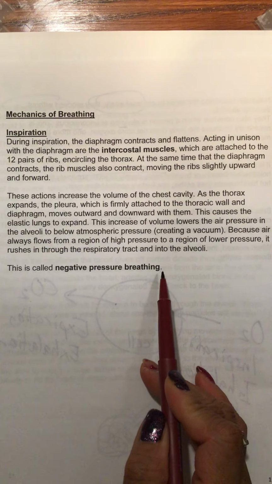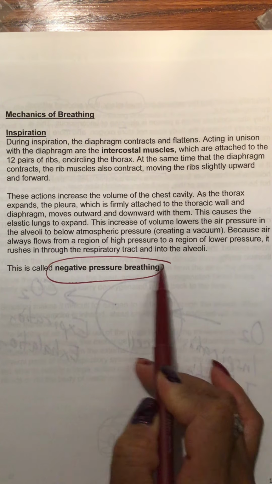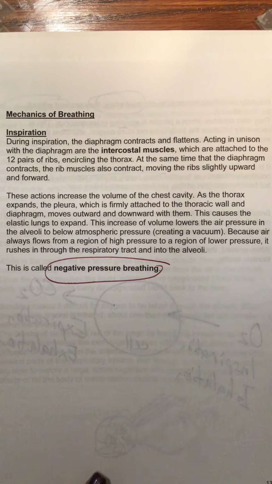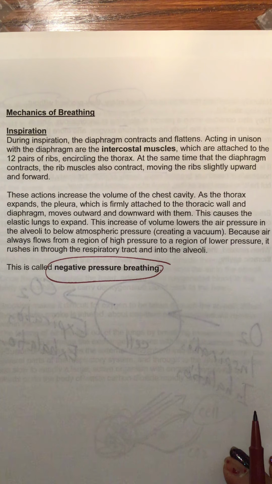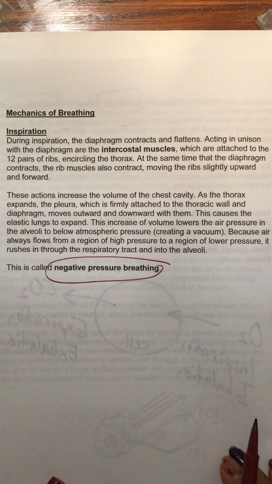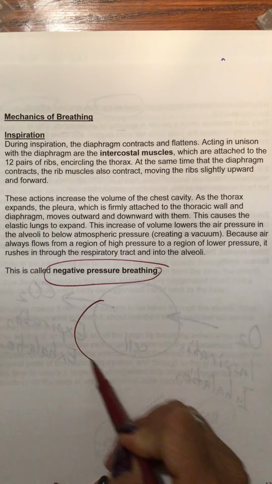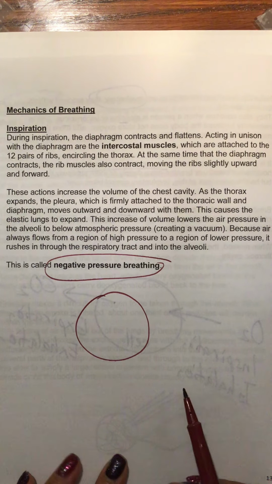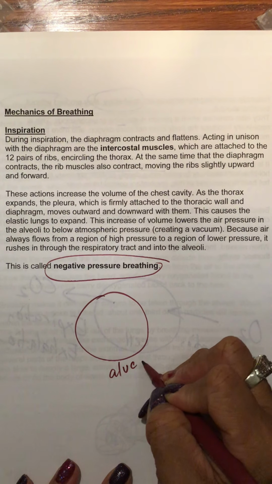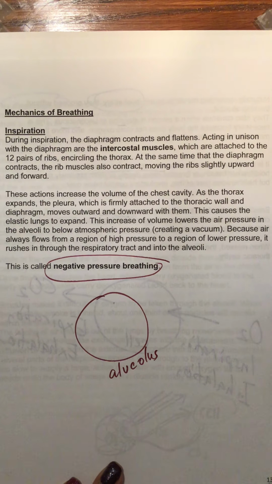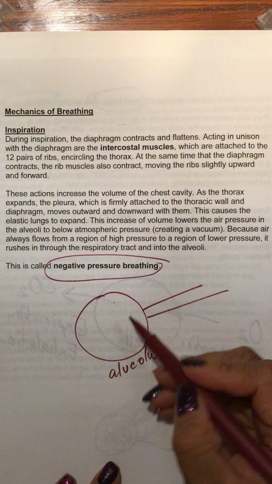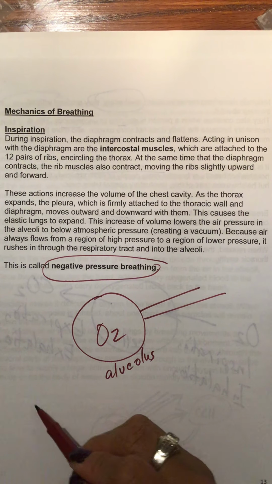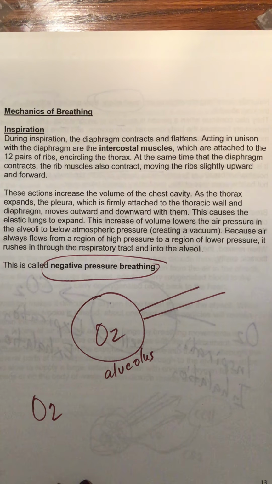So this is called negative pressure breathing. What that means is it will increase the volume, bringing the air pressure in the alveoli below the atmospheric pressure, creating a vacuum. If I were to draw this alveolus, one air sac, it will contain air inside it, so oxygen, and of course there's oxygen in the external environment as well.